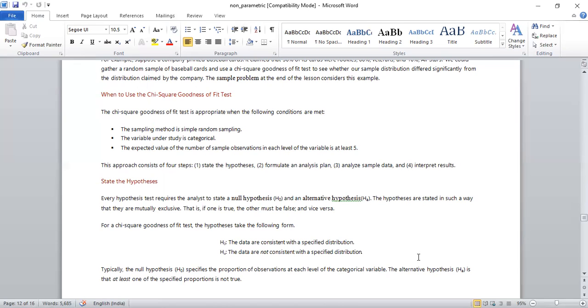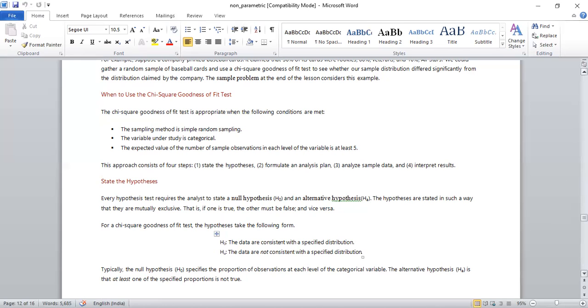When you want to make some statement on population proportion, then that sample statistic, that is the chi-square statistic here, is used, which will ultimately give you either the acceptance of the null hypothesis, that is, we cannot reject the null, we fail to reject the null, we retain the null, or we reject the null. That is, the alternative statement becomes true, that is, the data are not consistent with the specified distribution.